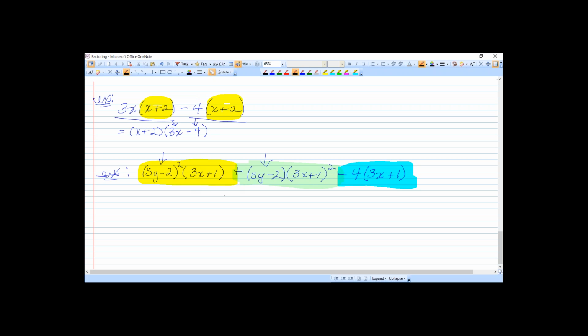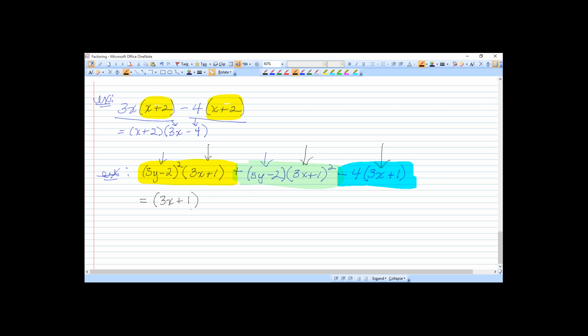That stays put. What about 3x plus 1? If you look, there is a 3x plus 1 in each of the three terms. They all have to have that common factor in order to factor it out. So be careful. And what exponent, what power do we take? We take the smallest exponent, which is 1, right?